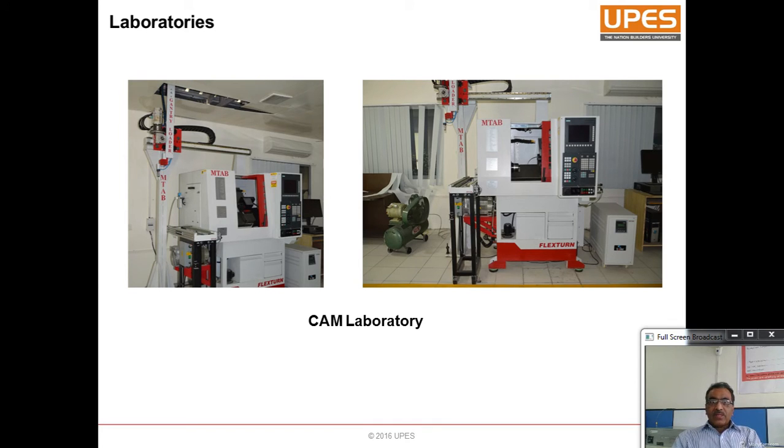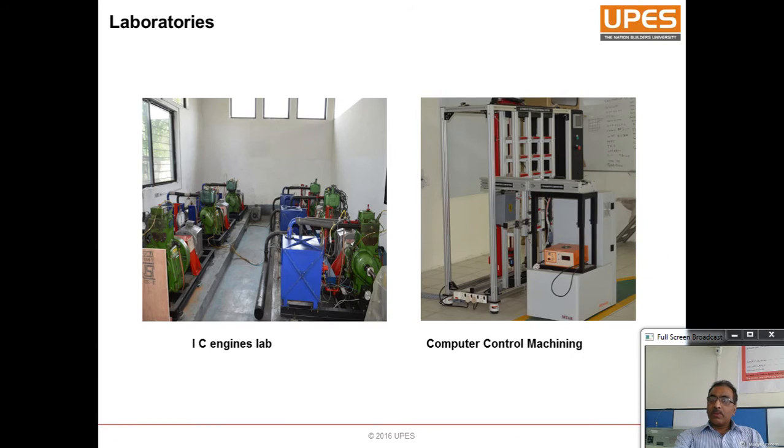Then the next is the CNC machines, which make the life of manufacturing systems simpler. We have the CNC trainer or the CNC turning machine, by means of which, by doing the programming, we can go in for the turning operations and transform the parts into the required shape and size.